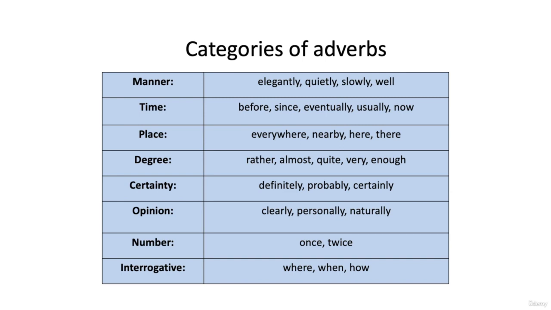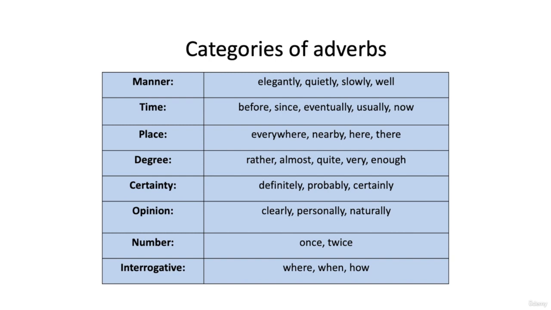Some examples of adverbs of certainty are definitely, probably, certainly. Adverbs of opinion are clearly, personally, naturally.